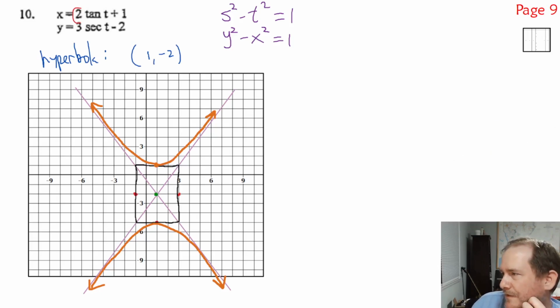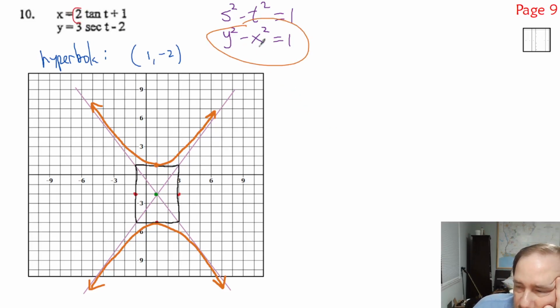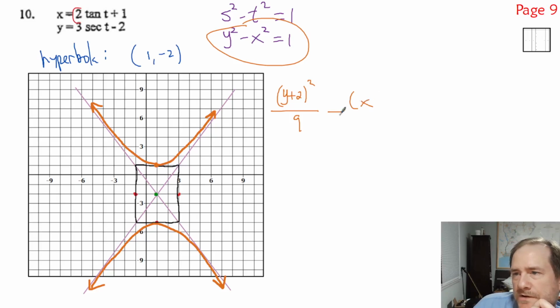And again, if you understand all that, if you can pull all that information out from your parametric equations, then you kind of know, without doing any algebra, that your rectangular equation would be (y plus 2) squared all over 9 minus (x minus 1) squared all over 4 equals 1.